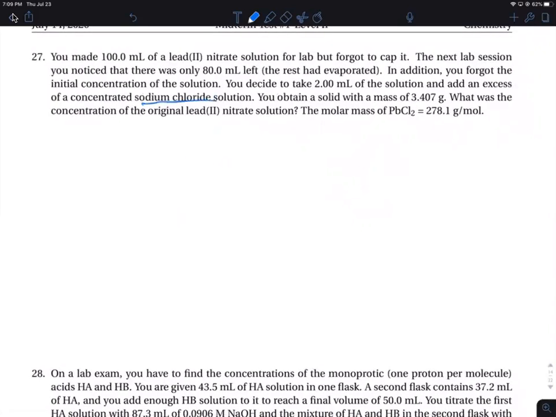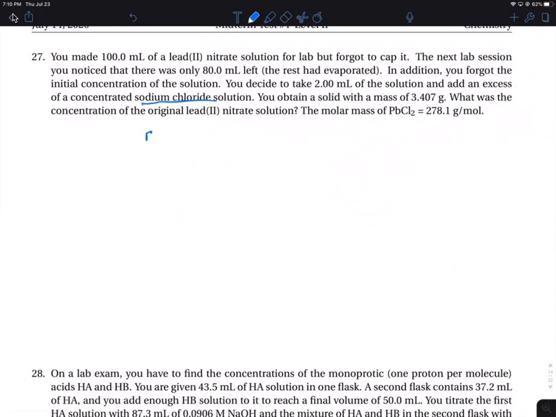Okay, we're told that we add an excess of concentrated sodium chloride. So let's try writing out the net ionic equation. It's lead nitrate and then sodium chloride. Whatever doesn't dissolve forms the solid.